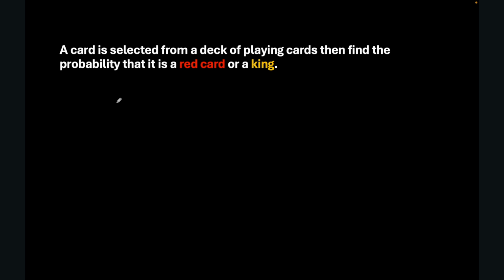For those of you who don't know, there are 52 cards in total in one deck. Out of that we have 26 red, 26 black, and there are 4 suits.